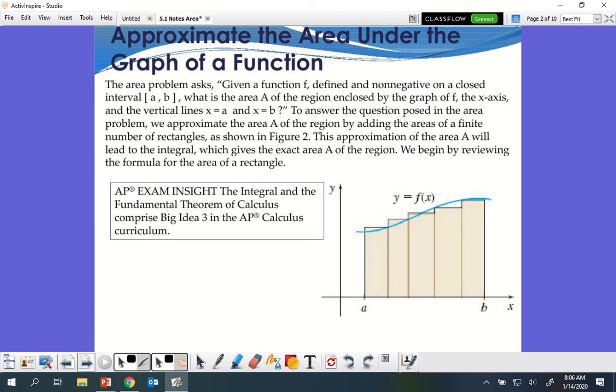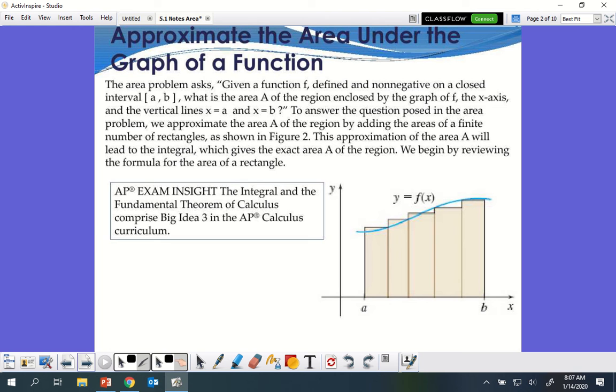The integral and the fundamental theorem of calculus comprise Big Idea 3 of AP Calculus. Now, that's just the antiderivative. The area under the curve is the antiderivative, because we were using the antiderivative to go from acceleration to velocity to position.